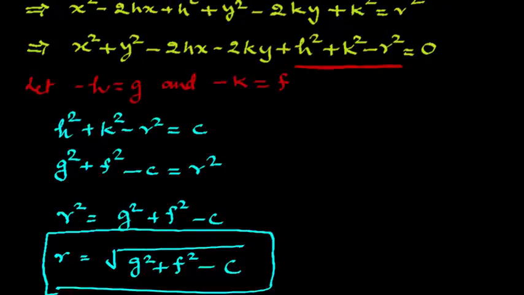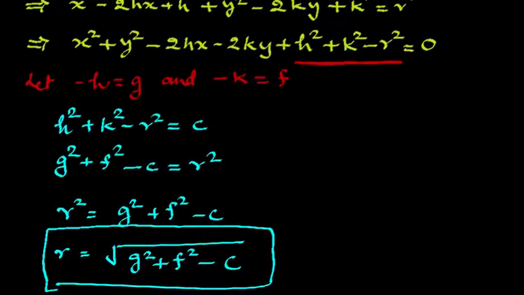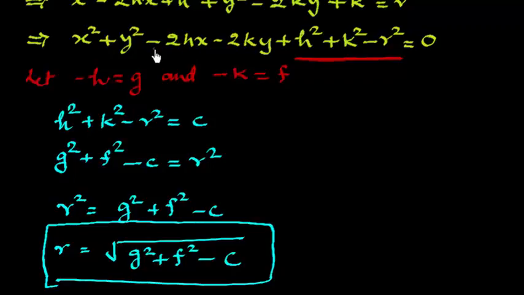Now let us produce the final general form of the equation. Instead of minus h, we put g, and instead of minus k, we put f, and instead of h square plus k square minus r square, we put c.